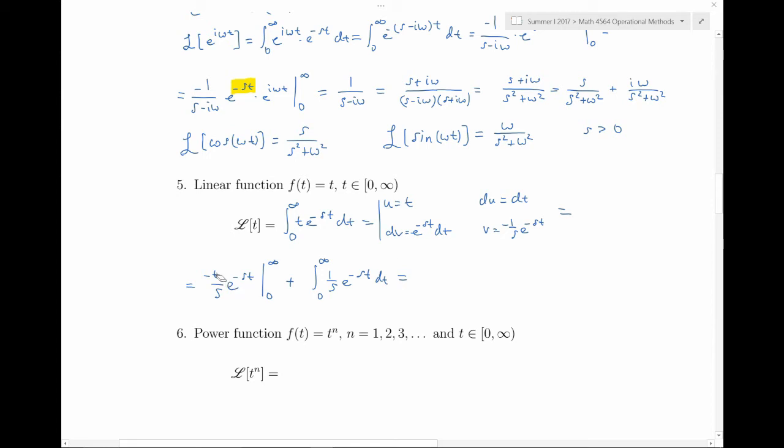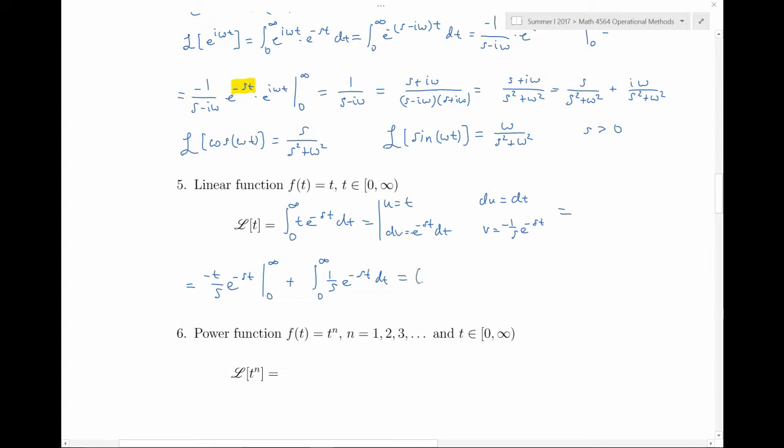But t will go to infinity. So which one is going to win? Well, we evaluate this limit with the help of L'Hopital's rule. And L'Hopital's rule will say that when t goes to infinity, the exponential function wins and everything converges to 0. So at both endpoints, this expression gives us 0 value.